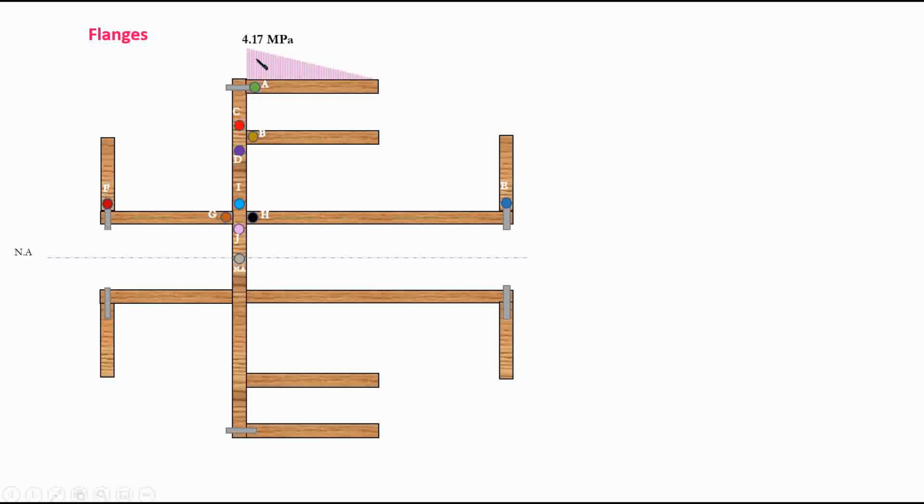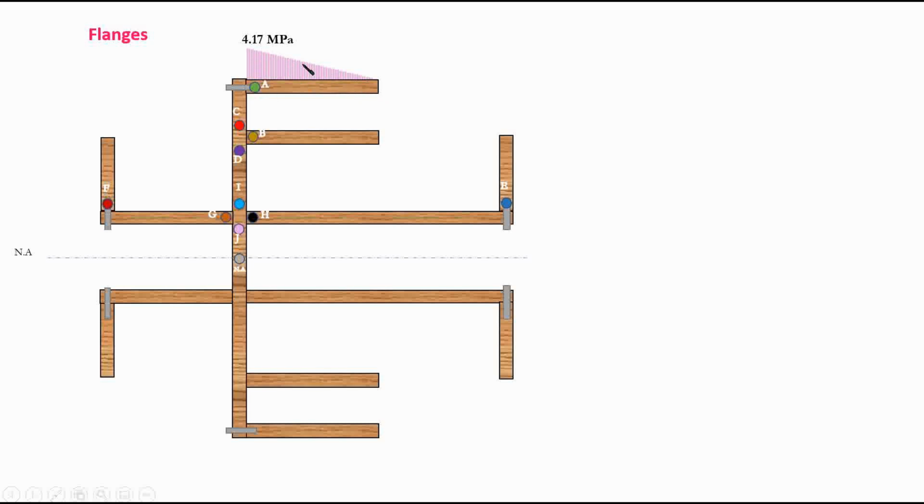What was the value? It was 4.17, and we know that at the edge of this flange we have 0, because there's no planing contact, so we have 0 stress here, and it increases linearly to point A, 4.17 megapascal.